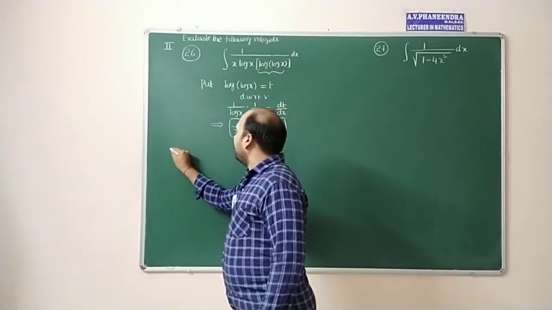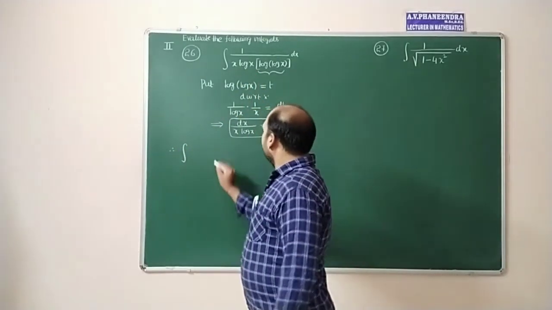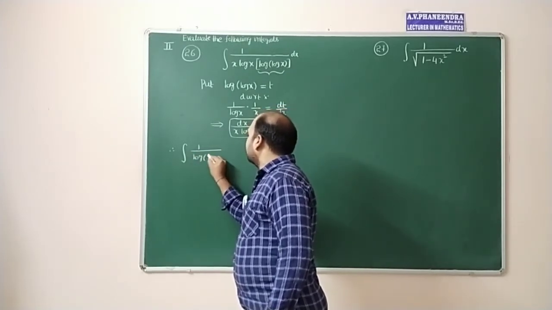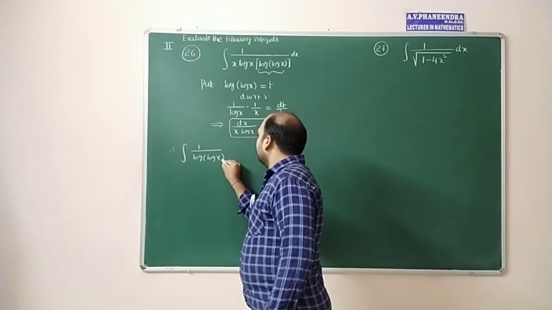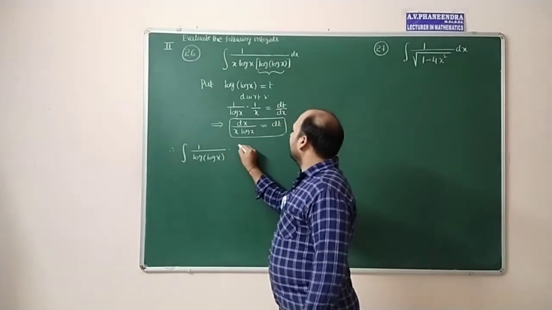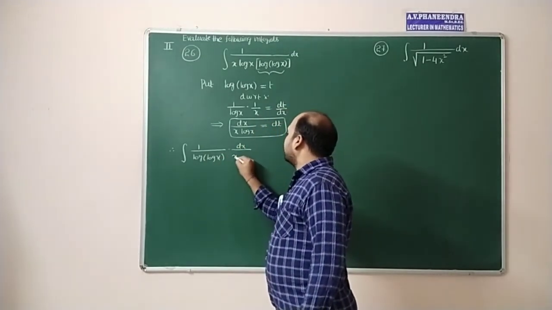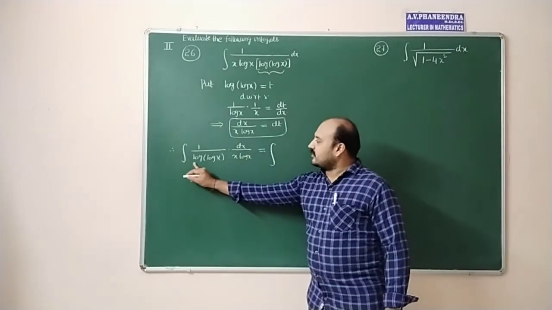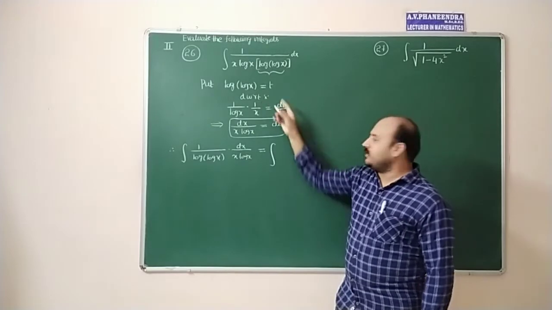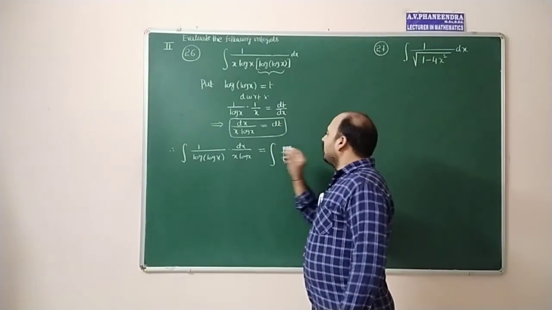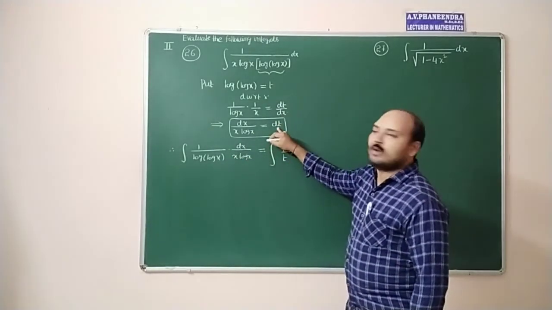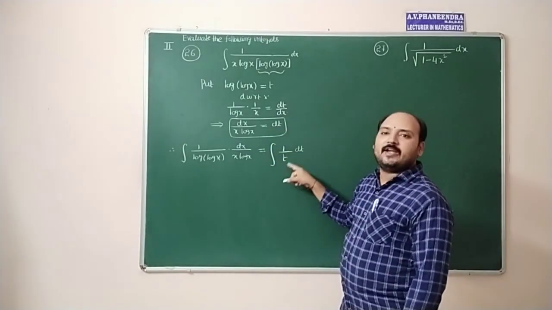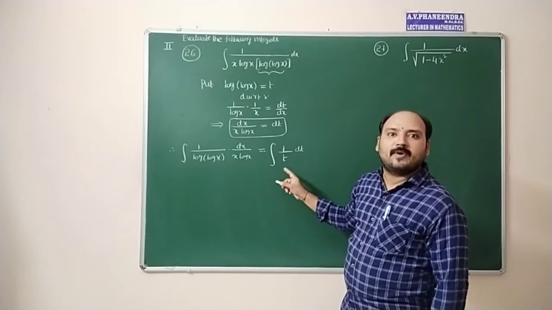Now the given integral becomes integral 1 by log of log x into dx by x log x. In place of log x you have to write t, and in place of dx by x log x you replace with dt. So integral 1 by t dt, it is in the form of integral 1 by x dx.